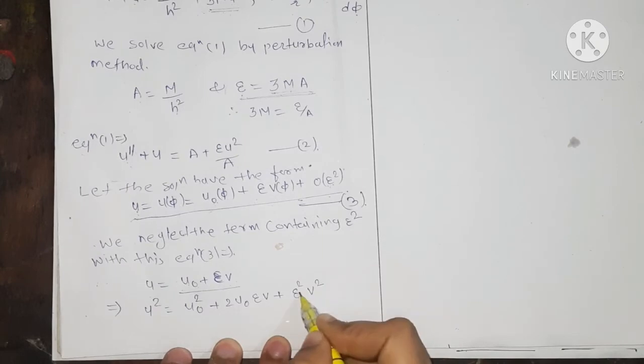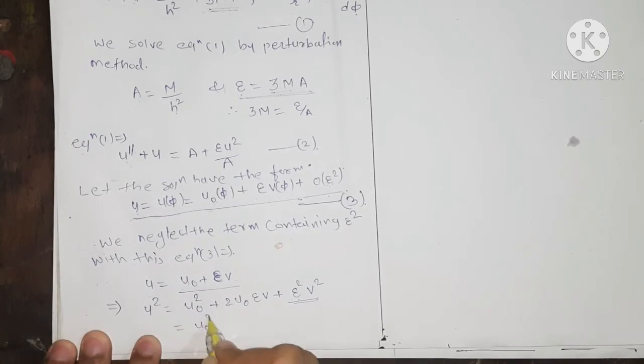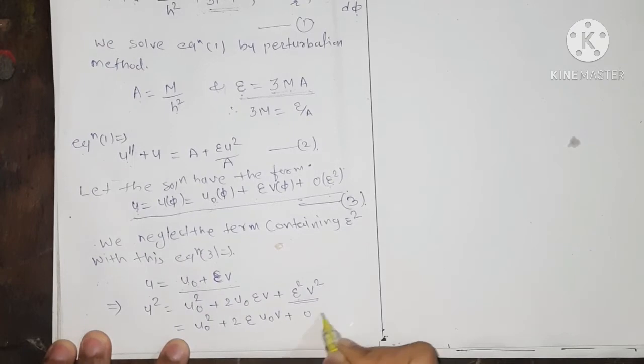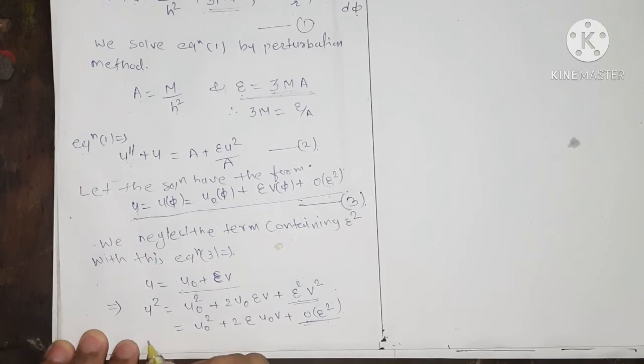Because it contains the epsilon square term, we write this as u0 square plus twice epsilon u0 into v plus order of terms containing epsilon square. O of epsilon square means this is a term containing epsilon square, and we are neglecting this term.